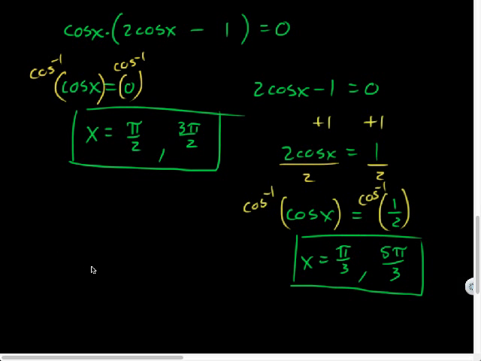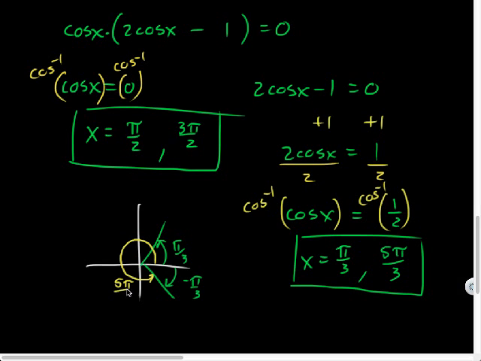Well, let me explain it. So cosine is 1/2 at pi over 3 right up here. And if down here, my reference angle, this is the same as negative pi over 3, or a pi over 3 reference angle, that is the same as 5 pi over 3. And the way you can figure that out is if this is 2 pi minus pi over 3, right? 2 pi is the same as 6 pi over 3.